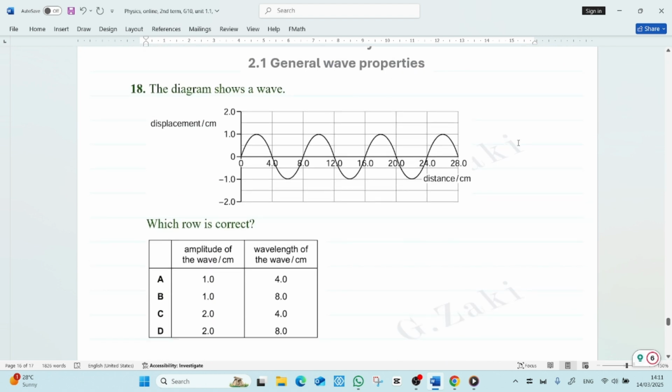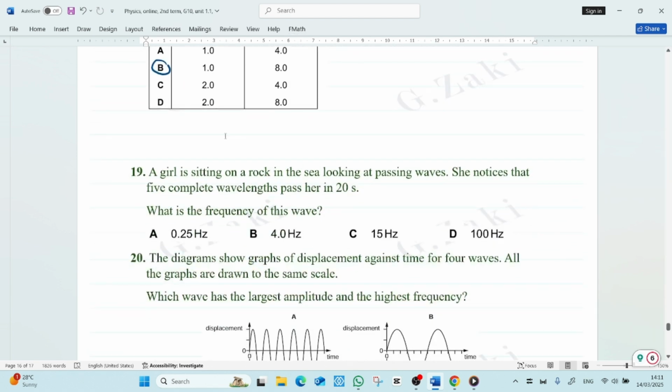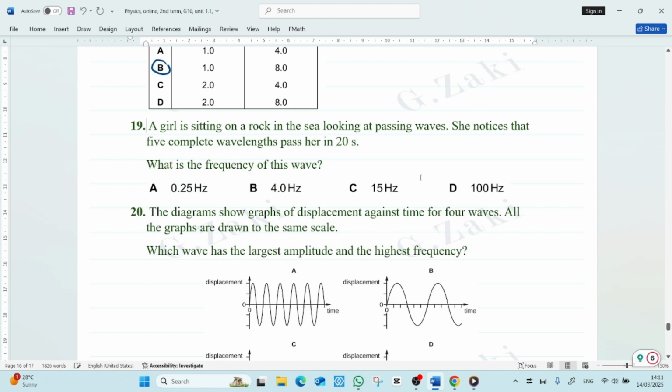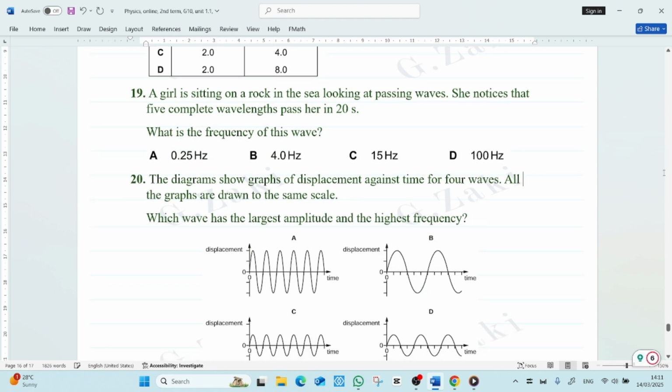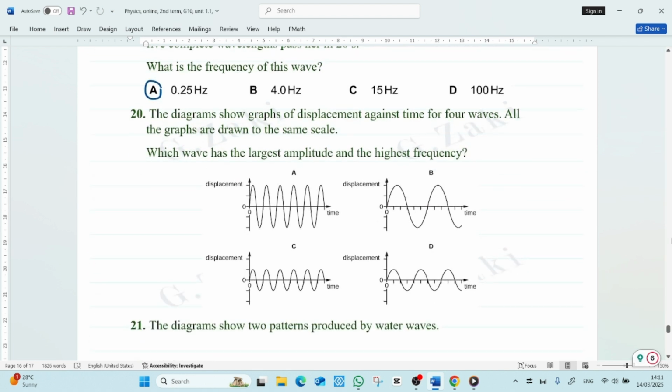Question number 18. The answer is B. Next question. Question number 19. The answer is A. Question number 20.